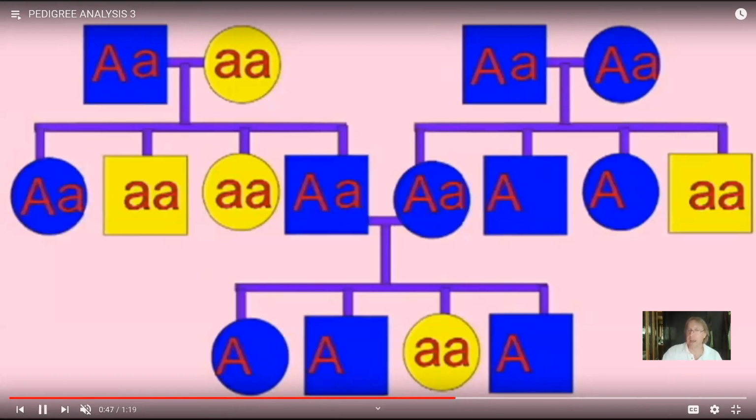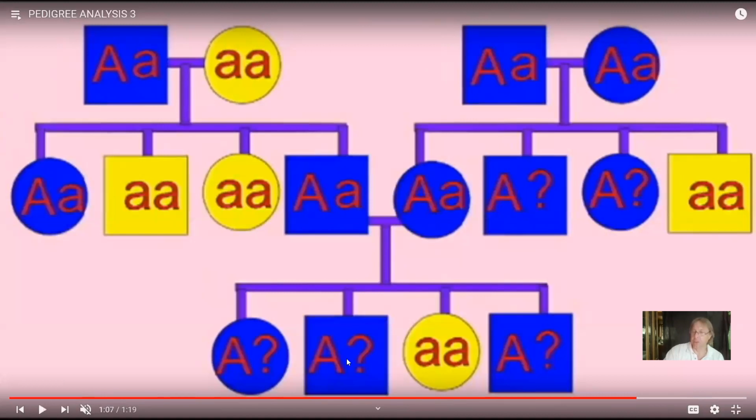And so these 2 parents must be heterozygotes, because the only way that this daughter could get a recessive allele from each parent is if each of the parents had a recessive allele to give. But now that we know that they're heterozygotes, we don't know which of their 2 alleles they passed on to the other 3 children. Obviously, these other 3 children did get a dominant allele from one of the 2 parents, but what they received from the other parent could be a dominant allele or a recessive allele.